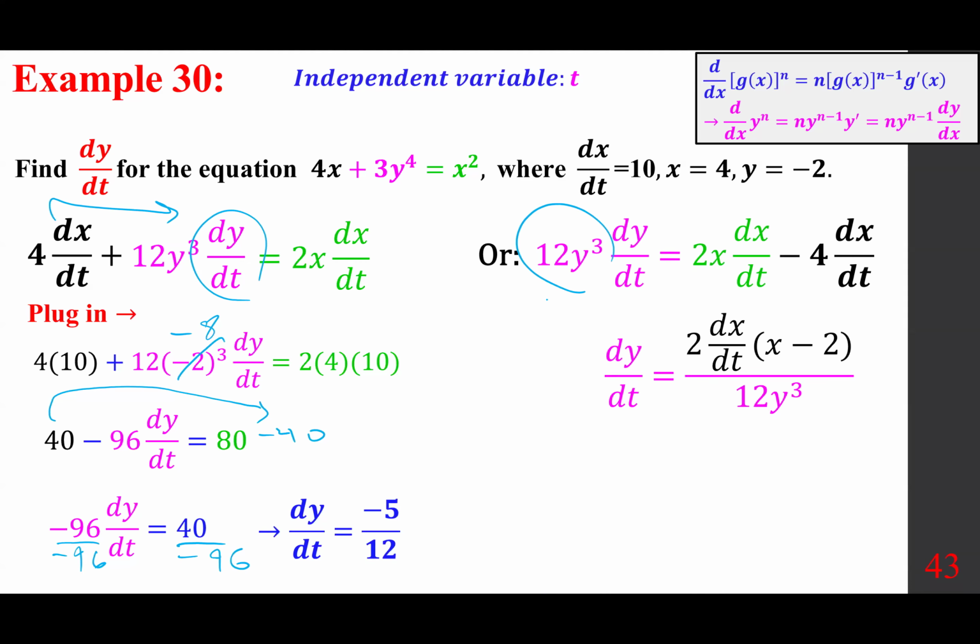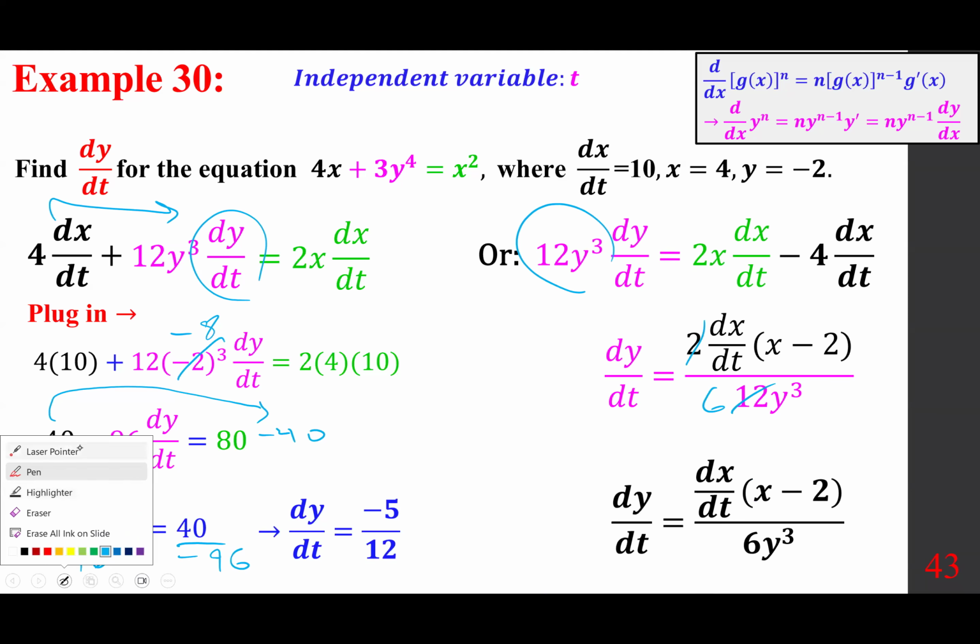And when I do that, I notice the numerator has a factor of 2. So I take out the 2, and this would be dy/dt as dx/dt times x minus 2 over 6y cubed. Now, if I plug in, I get exactly the same thing. Okay, just in case.